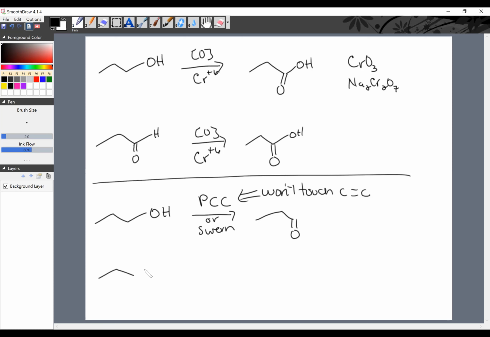For instance, let's say you had that, and you only wanted that one to react. How could you selectively choose the alcohol over the alkene? PCC happens to be one of those ways. So that's another benefit of your PCC. That's your primary alcohols.